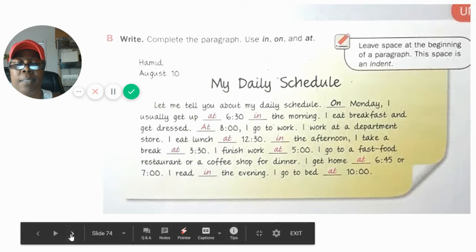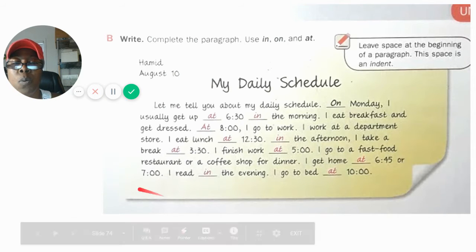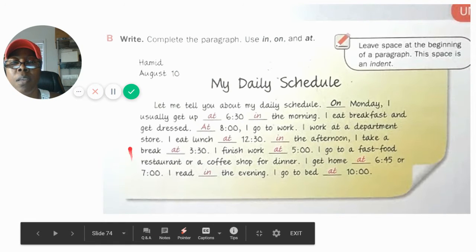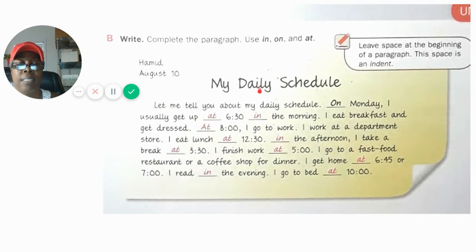I go to bed at 10 o'clock. Okay? So we see the different usage of in, on, and at. All right? The only time they used on was for on Monday.